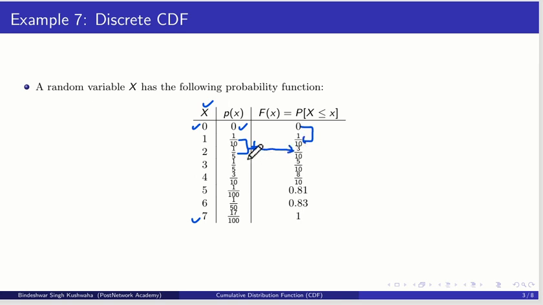Again in 3 upon 10, 1 upon 5 gets added and we get 5 upon 10. The same way we add and finally get 1. That means the probability is being accumulated till x equal to xi, whatever xi is.